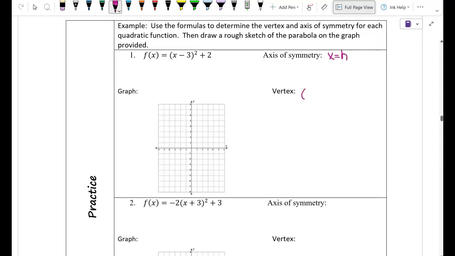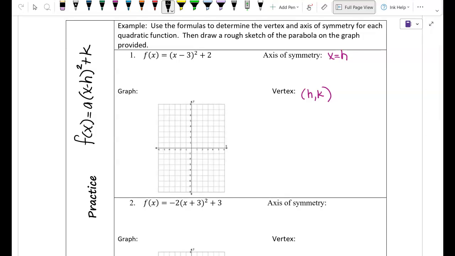My vertex, I'm looking for the ordered pair h, comma k. And in the margin, I'm going to write the generic vertex form. So we remember it's f of x equals a times the quantity x minus h squared plus k.